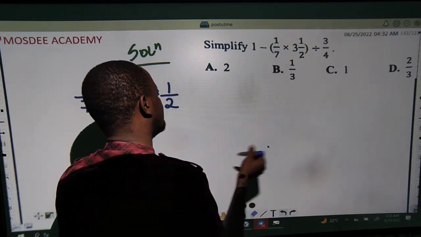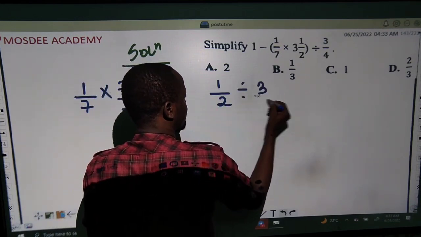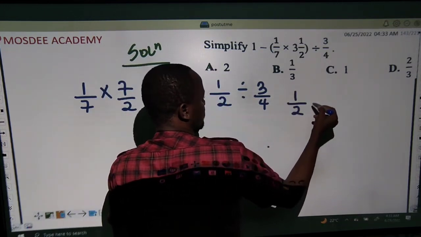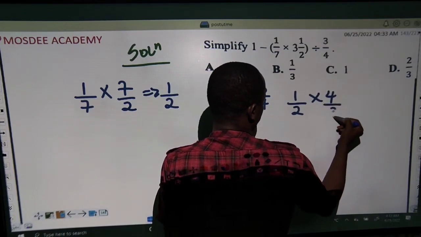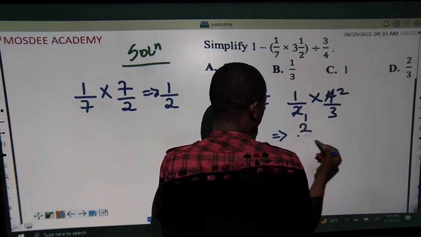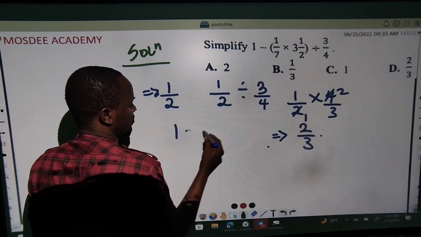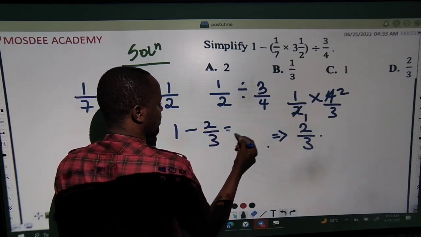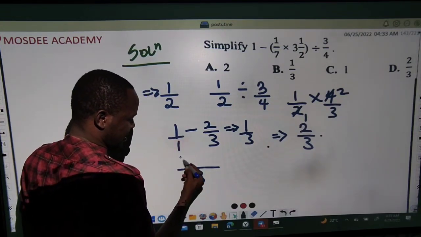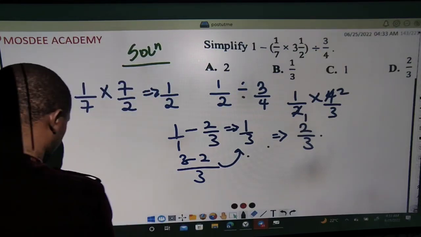So you do division next. 1 over 2 divided by, pick questions that ask you to pick, not the one you want to pick. 1 over 2 times 4 over 3. And this is 2 here 1, 2 here 2, that's 2 over 3. So you are subtracting 1 minus 2 over 3, which is the last one. 1 over 3. If you don't know how to get that, you can go with LCM. And this is 3 minus 2. And that is how I come about it. So the next one.